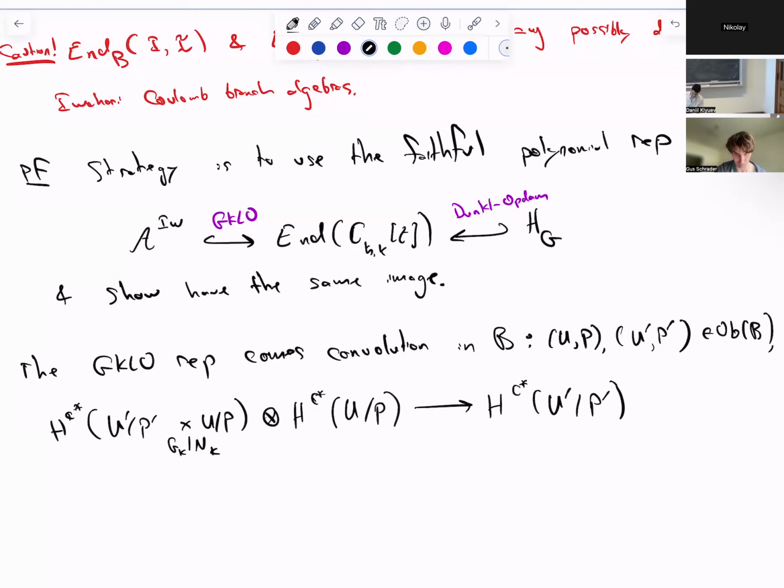And now for us, we take U and U prime to both be the lattice, which I denote by this calligraphic I, and P, the paraphoric, are both I, which you can factor as following.